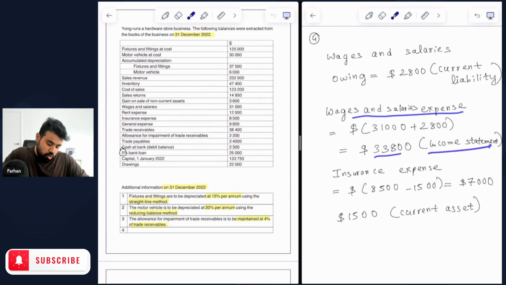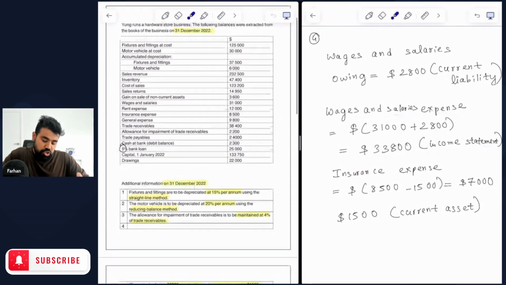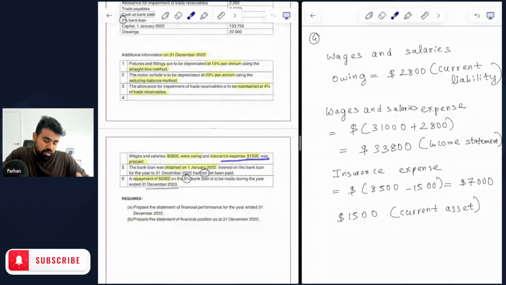Next, within this question, we are also given insurance expense of $1,500 was prepaid. Now, what does that mean? So prepaid insurance expense simply refers to Young paying for insurance in advance, which means, let's just say for the next financial year, 2023, Young has paid insurance, and this insurance is a current asset to Young.